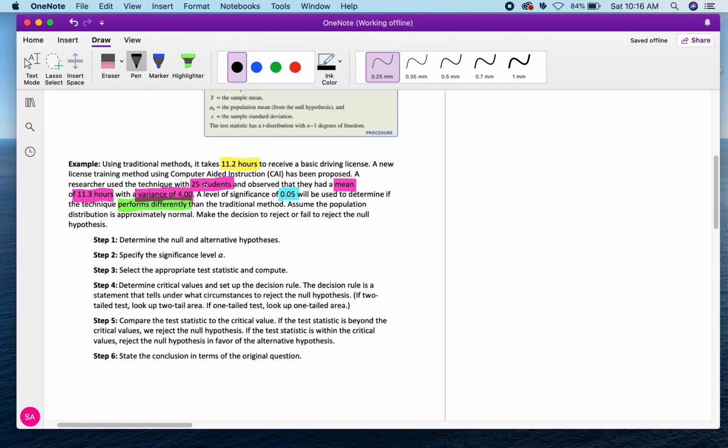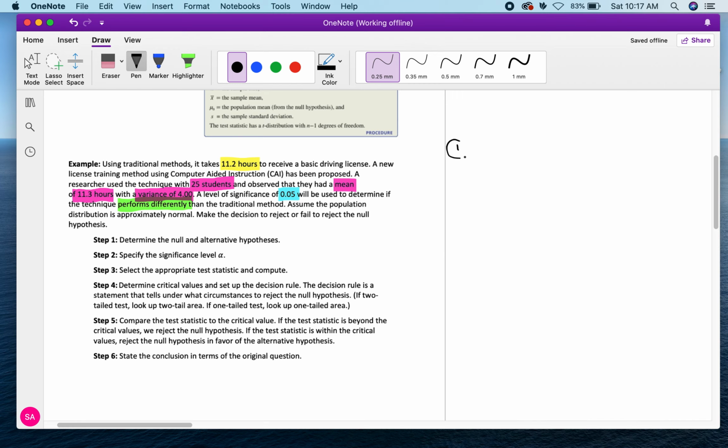That's smaller than 30. And they also give us the variance of the sample, from which we can determine the standard deviation. So they're not giving us the population standard deviation or population variance, they're giving us the sample variance. So this is definitely going to be a t-test statistic.